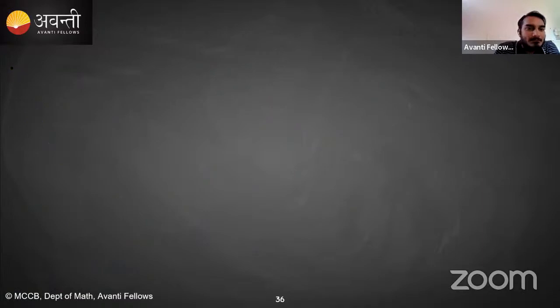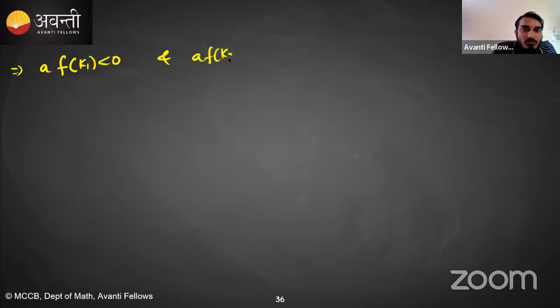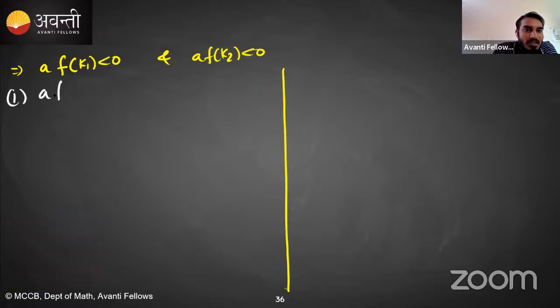It implies a into leading coefficient, okay, this is for leading coefficient. Don't get confused. A into f of k1 less than 0 and a into f of k2 less than 0. Clear? So first is a into f of k1. What is k1? Let's say 1 minus a, less than 0.